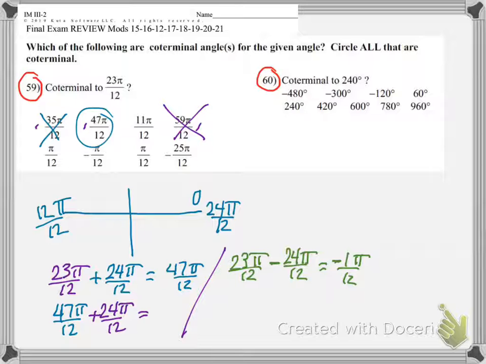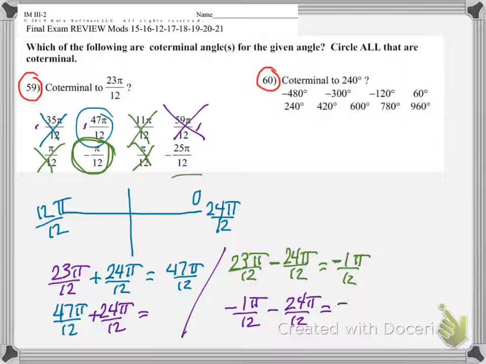From positive 23 down to negative 1 without touching that one. And without even touching the positive 1/12. But I did touch this one, not the positive 1/12. I need to go a little bit more because that one's more negative. So now I'm going to take negative 1 pi over 12 and subtract a full circle to give me negative 25 pi over 12, and that is this one. That's how I determine all the ones that work.